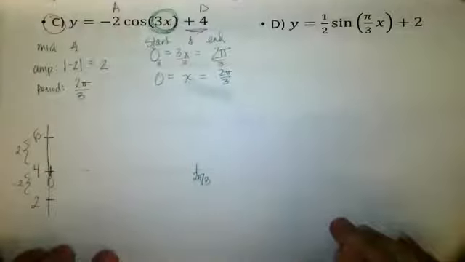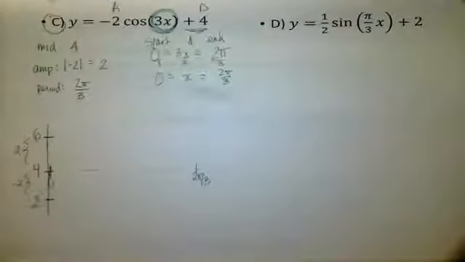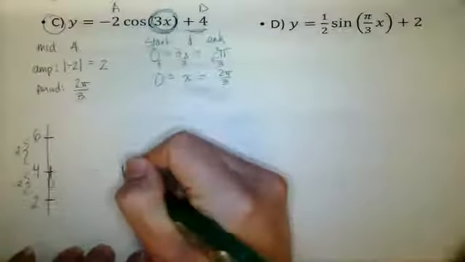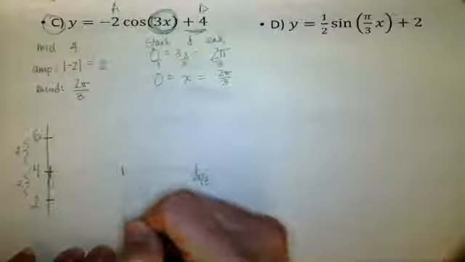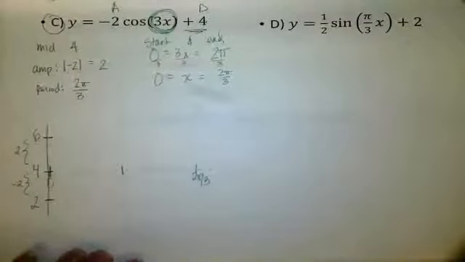All right, here's where you really need to pay attention. So, ladies and gentlemen, what is halfway between 0 and 2 pi over 3? 1 pi over 3.